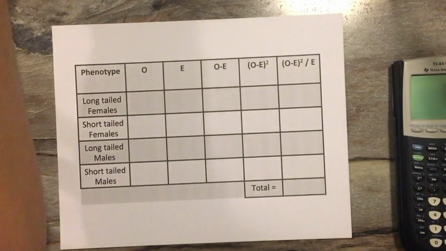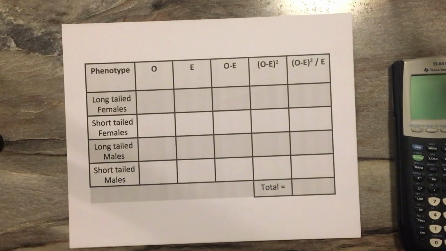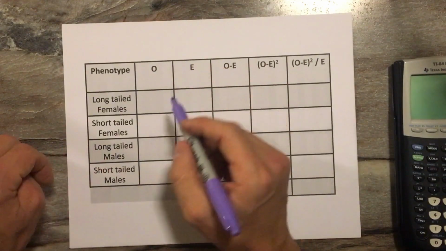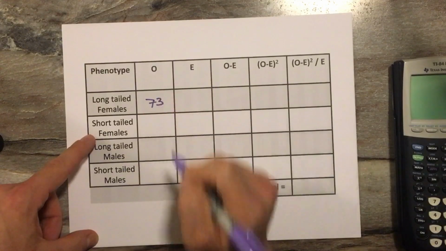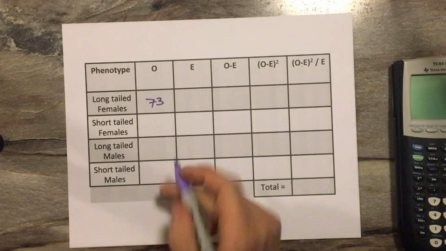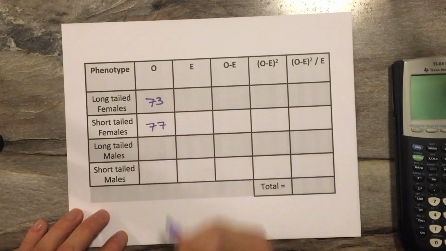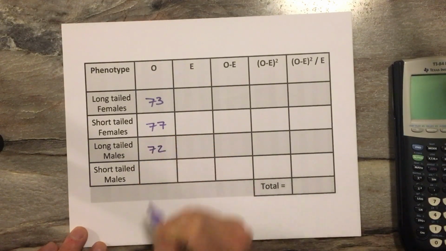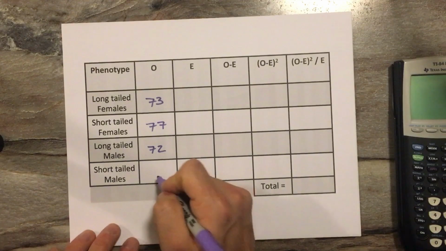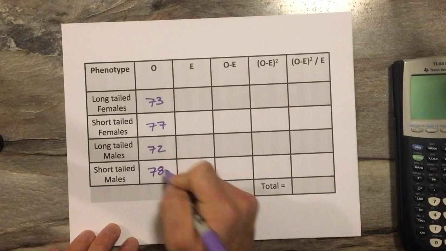So I already set up our chi-square here with that. And let's put our observed down. For long-tailed females, we had 73. For short-tailed females, we had 77. For long-tailed males, we had 72. And then lastly, for short-tailed males, we had 78.